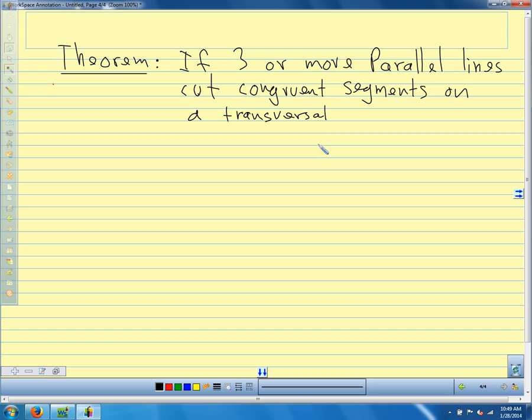So we have these three or more parallel lines. They're cutting congruent segments on a transversal. If that's true, then they cut congruent segments on any transversal.